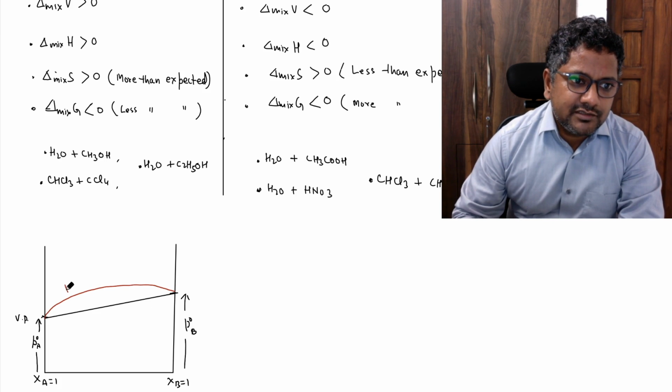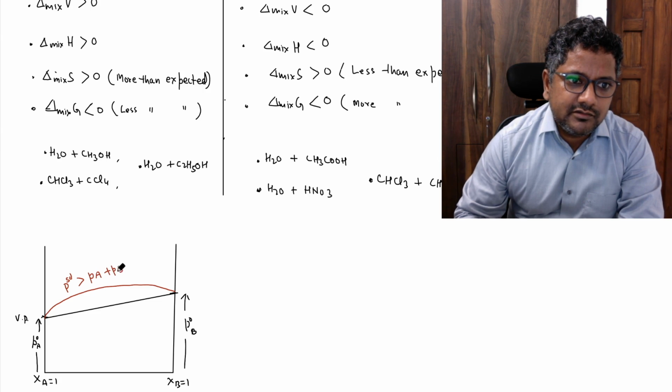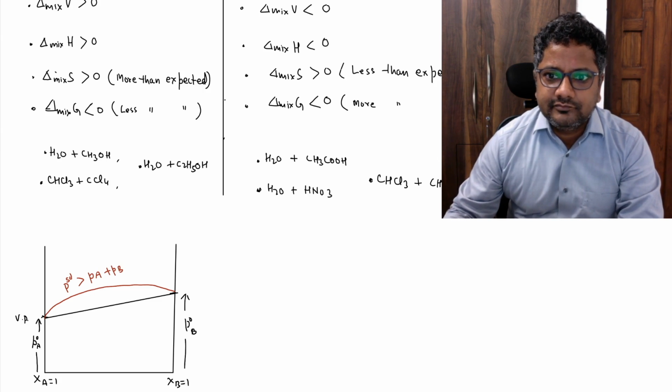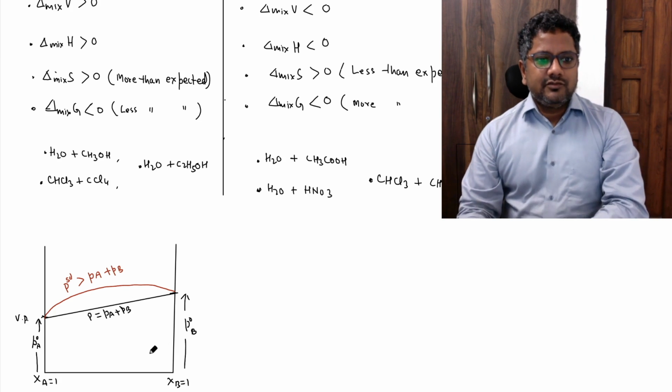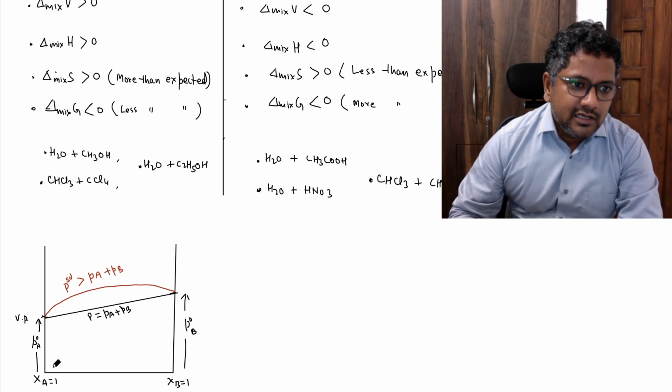So this is P solution, and this is P ideal. So P solution is greater than PA plus PB, and here P ideal is equal to PA plus PB, right? So in this way you can show this.